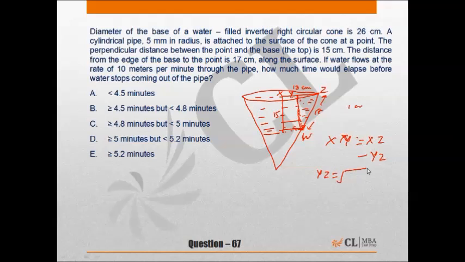So this will be under root 17 square minus 15 square, which is equal to 8.